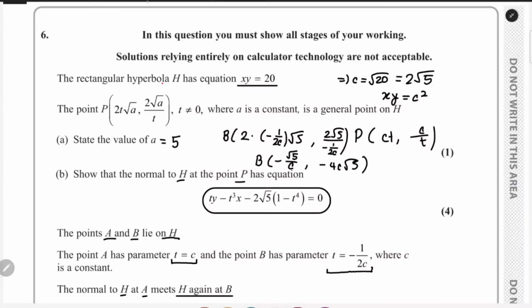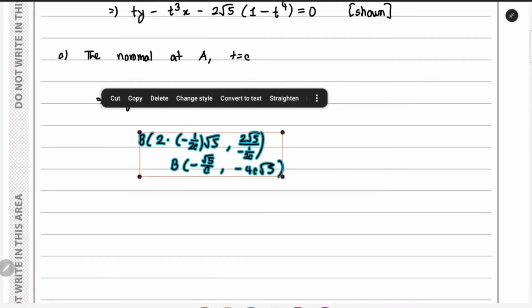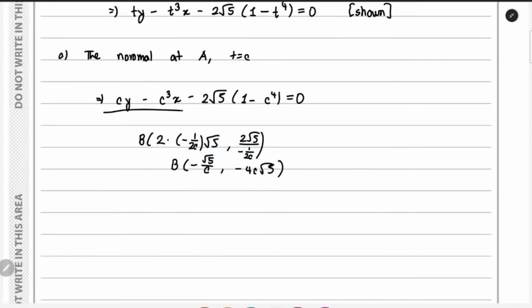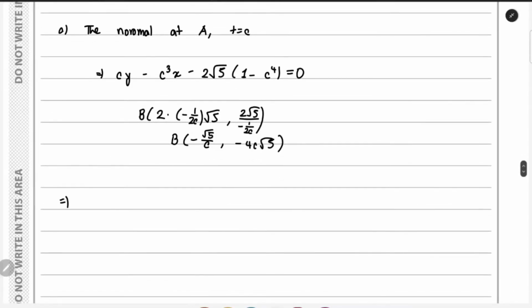Now this normal over here will pass through this point, so I can place the value of y and x in there. In place of y, I'll put in minus 4c root 5. So c times minus 4c root 5 minus c cubed times minus root 5 by c minus 2 root 5 times 1 minus c to the power 4 equals 0.